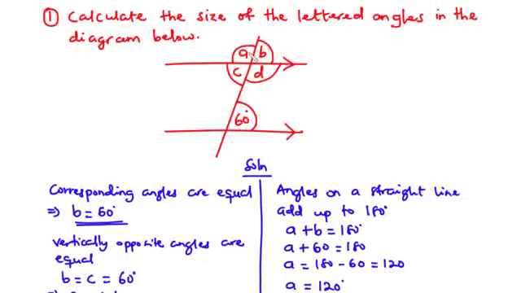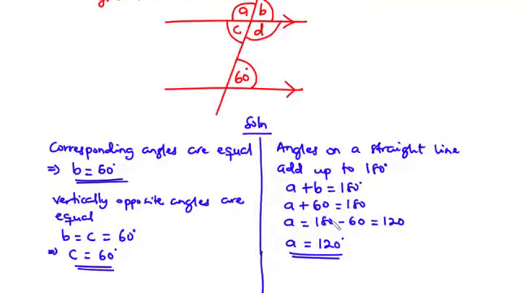Now, A and D are vertically opposite angles. Therefore, for vertically opposite angles, we know that they are equal. So we say that vertically opposite angles are equal.